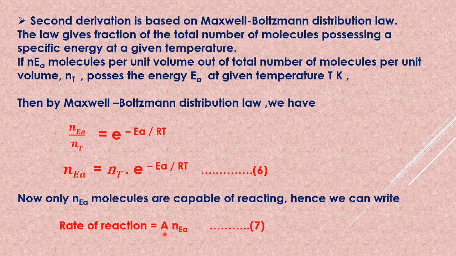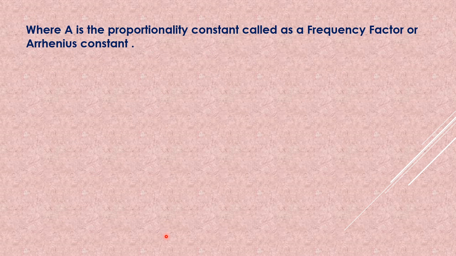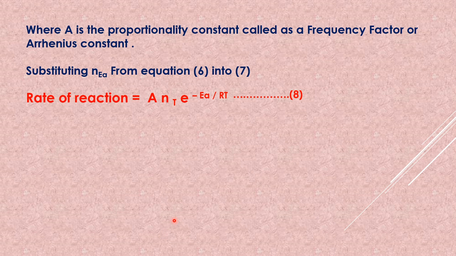In this equation, A is the proportionality constant. It is called the frequency factor or Arrhenius constant. If we put NEA from equation 6 into equation 7, we get the rate of reaction equals A into NT into e raised to minus EA upon RT.